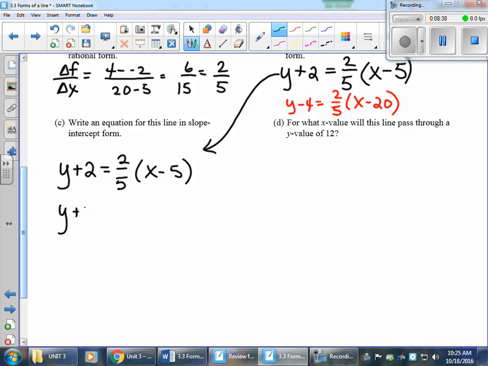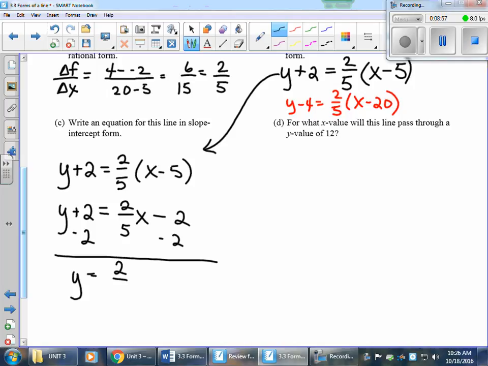We are Algebra 2 students, professional students. 2/5 x minus 2/5 times 5 is minus 2. So, minus 2 from both sides. Y equals 2/5 x minus 4. There you go.